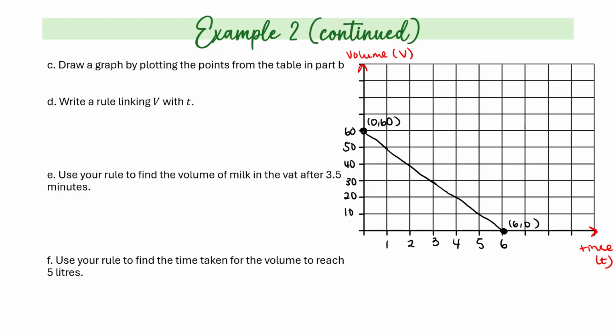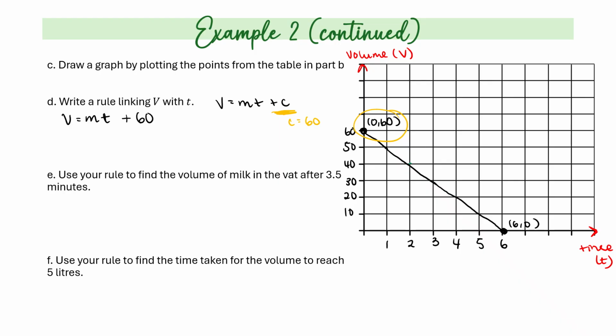Now that we've done that, we can write our rule in that form V equals MT plus C. Now our C that we found before was 60. And so now I know that I've got V is equal to MT plus 60. And now we're just trying to find our gradient.